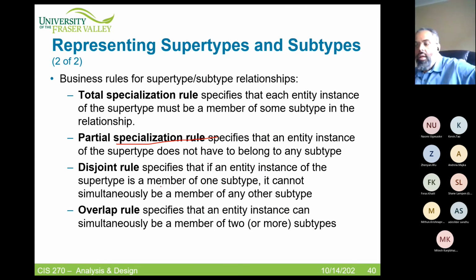Here, D comes from disjoint. We will have here, for example, O from overlap. So this comes from the business rules that we have already talked about. Okay, you are okay? Yeah, got it.